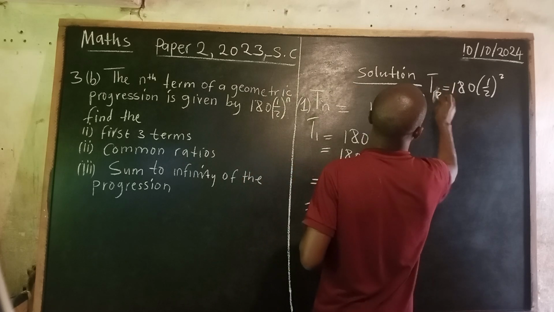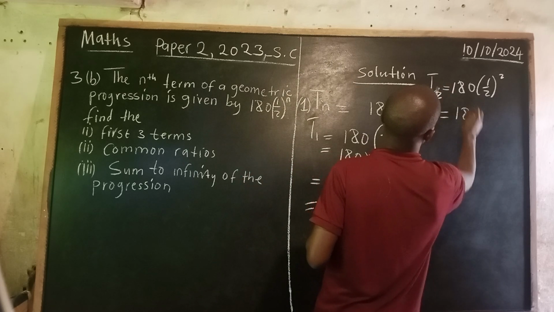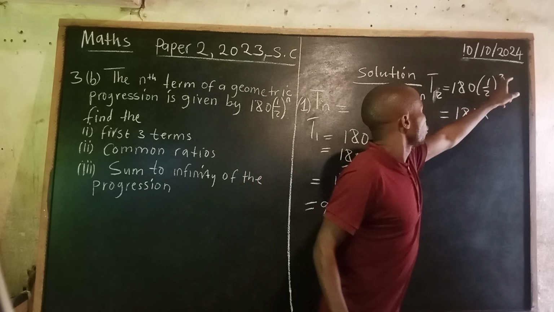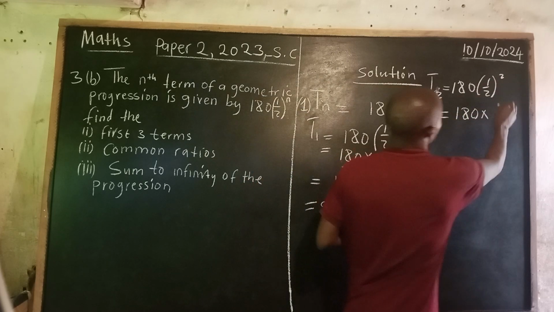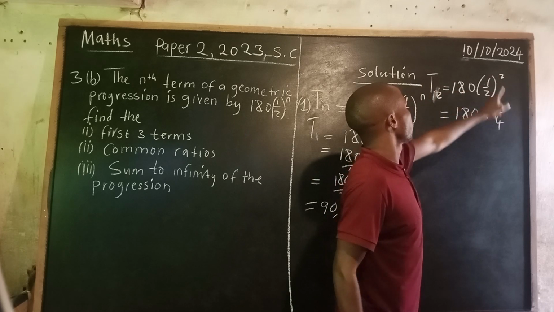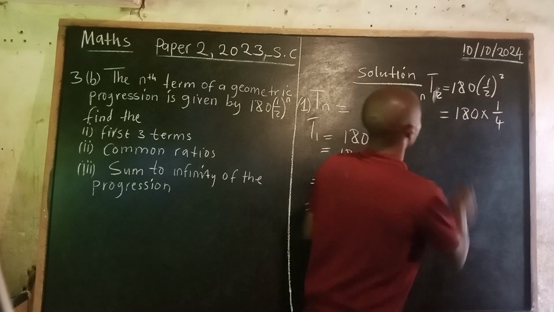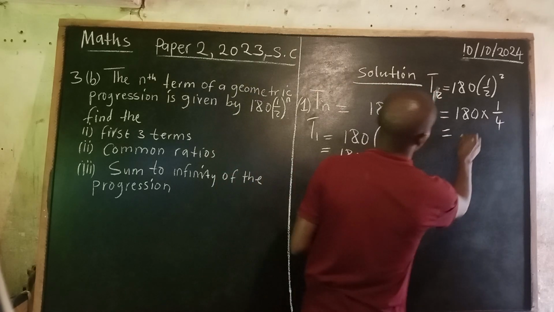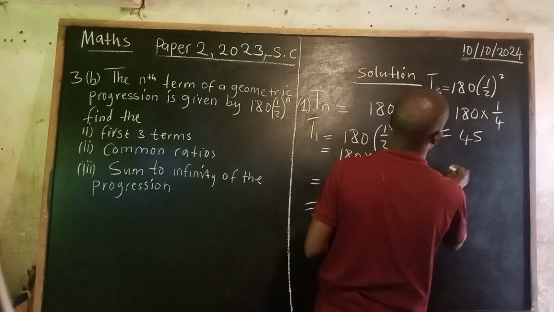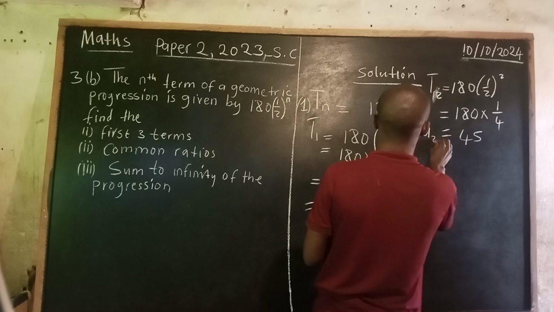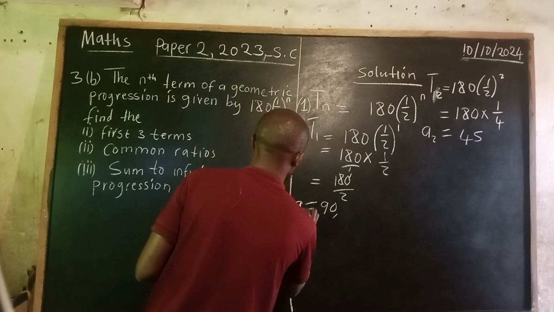Then 180 times 1 over 2 squared, which is 1 over 4, because 1 squared is 1 and 2 squared is 4. When we multiply this, we have 45. That will be our second term. This is our first term.